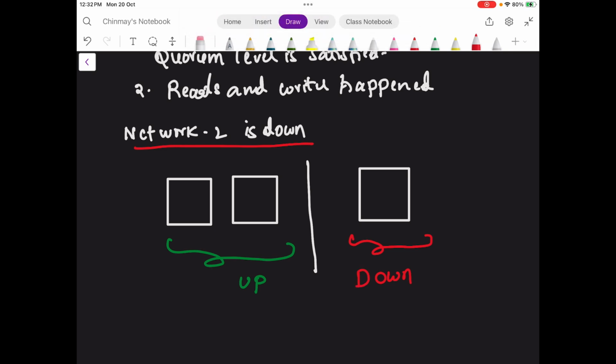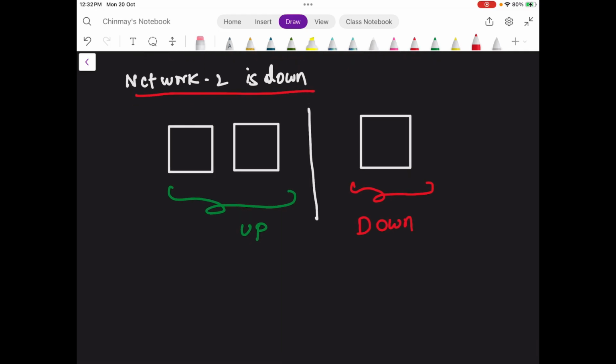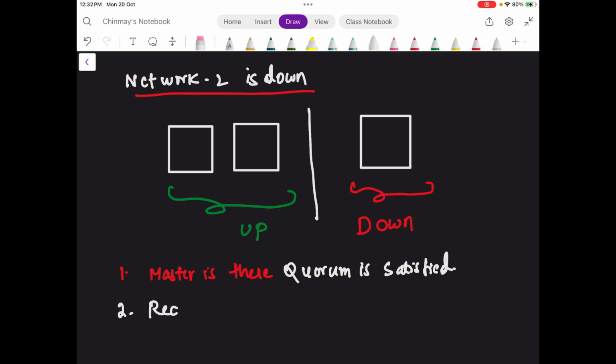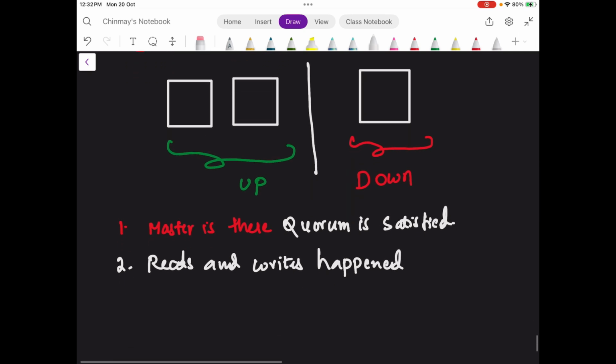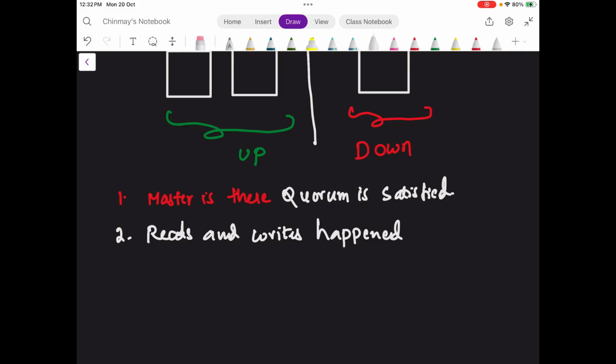What will happen? The master is there because quorum is satisfied. Reads and writes happen.